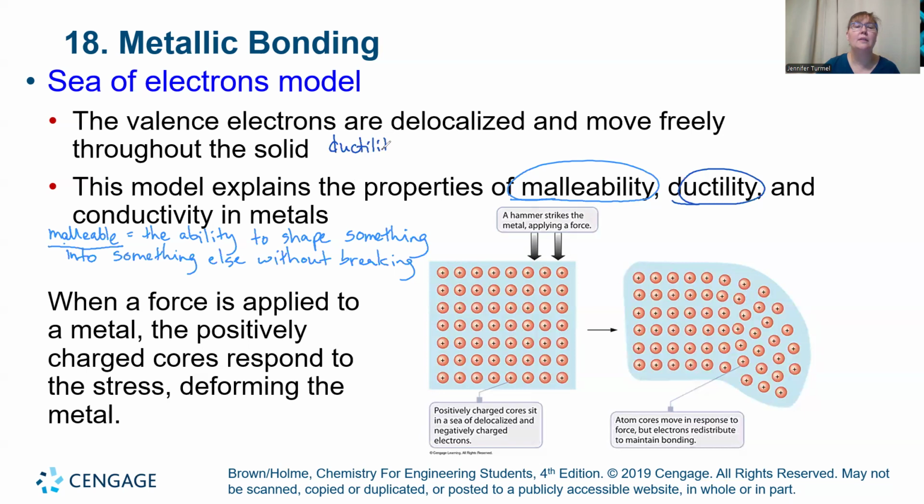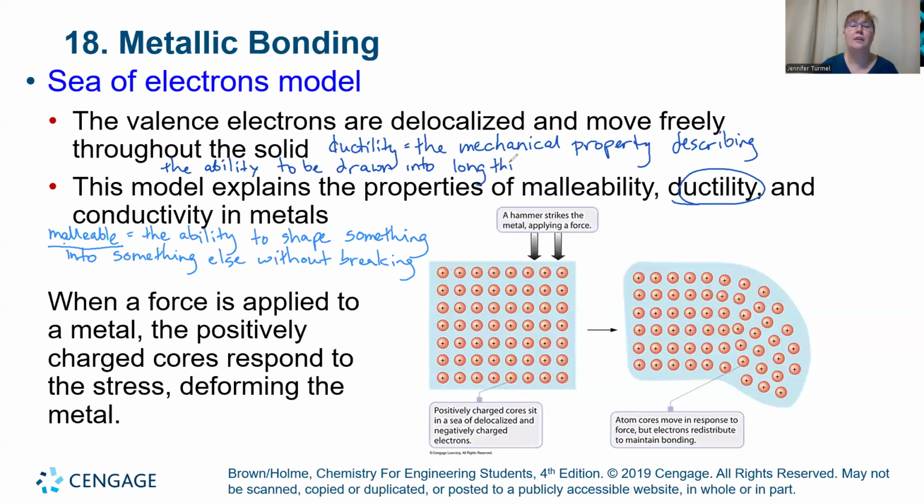Ductility is the mechanical property describing the ability to be drawn into long, thin shapes or wires.